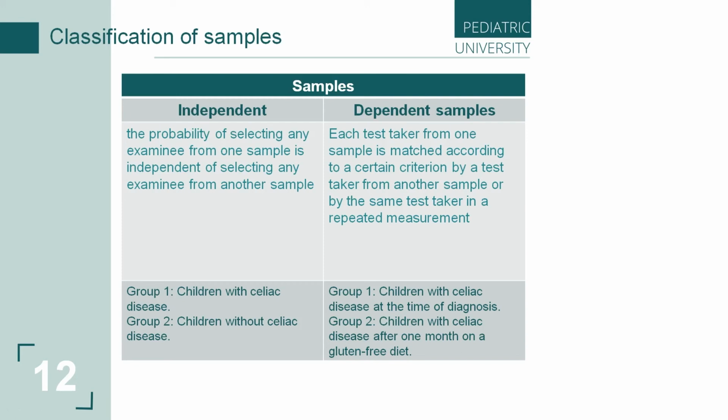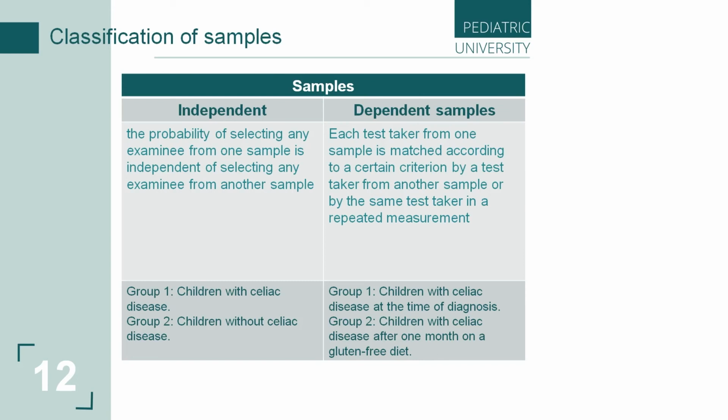Independent samples are samples where the probability of selecting any subject from one sample is independent of selecting any subject from another sample. They are completely different people.